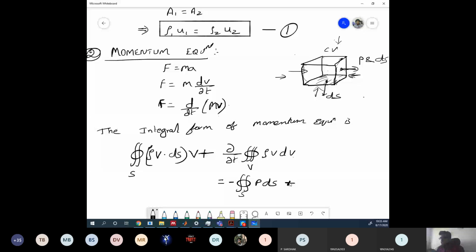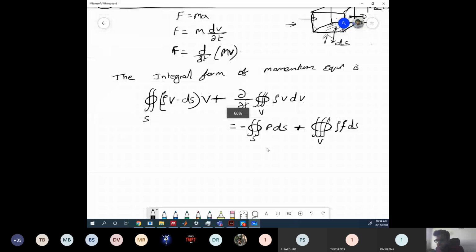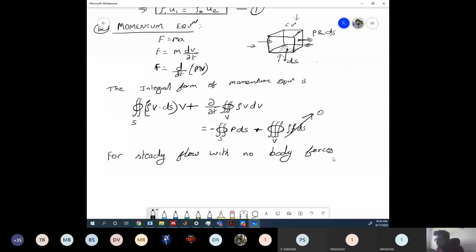When I started this, I told you that we are assuming that the flow is steady, and for steady flow with no body forces, you can take this term as 0 since F is equal to 0. F is equal to 0 and dou t also is equal to 0.